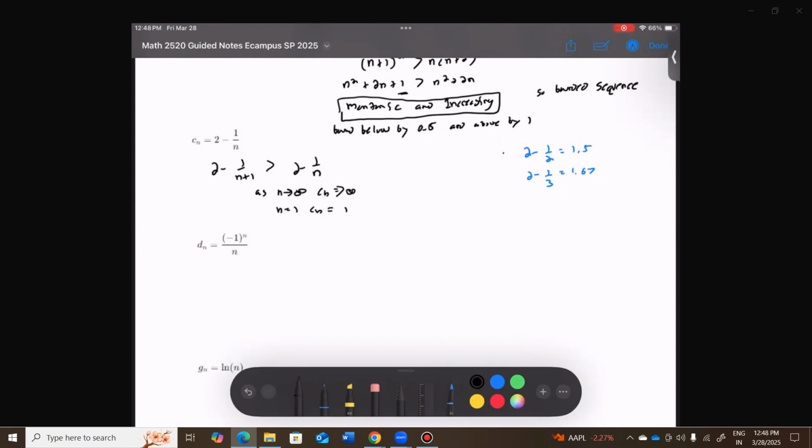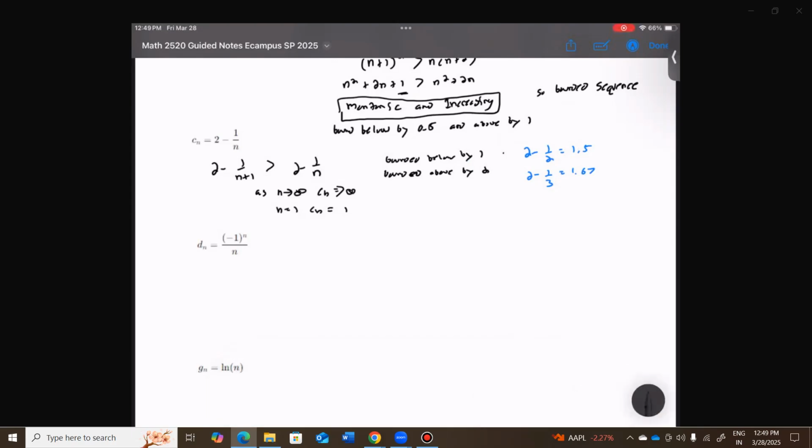Right, so it's bounded below by 1, bounded above by 2. But as n increases, this is an increasing function or sequence, and so it's monotonic.